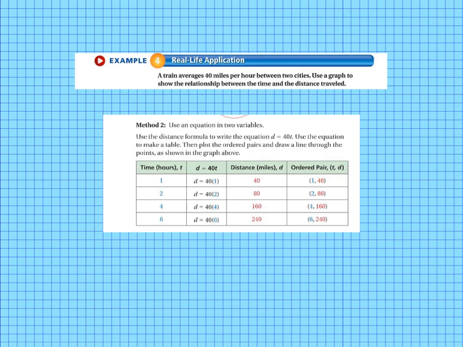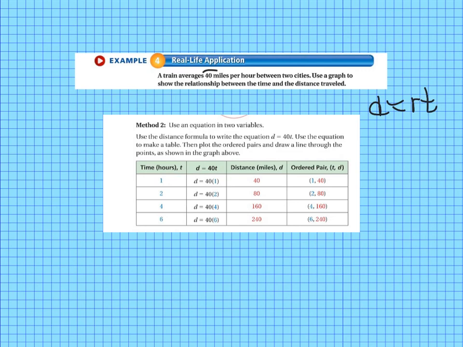Method 2 of doing the train problem, instead of using a ratio table, we can use an equation in two variables. So it says use the distance formula. Remember, d equals rate times time, distance equals rate times time, d equals rt. To write the equation, d equals 40t.